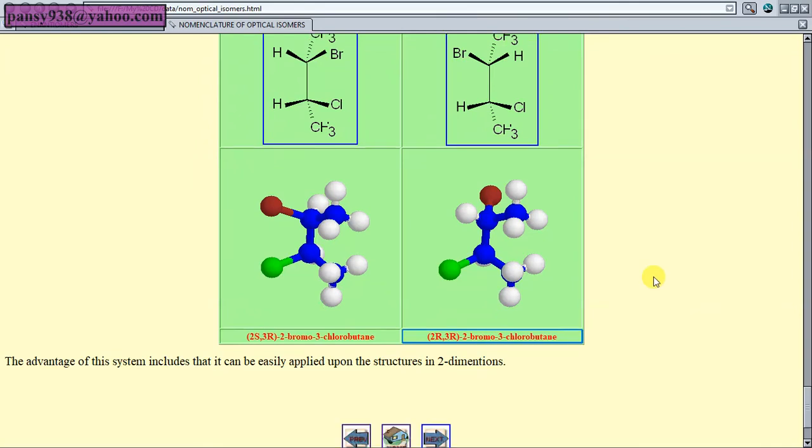But you see that as the number of chiral carbons increases, the complexity and the calculations also increase. For compounds having more chiral carbons, more calculations are needed for each chiral carbon.